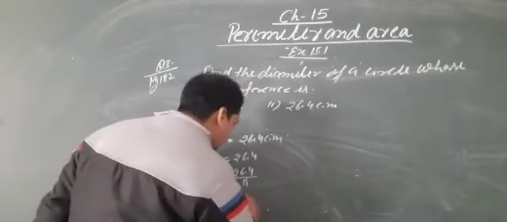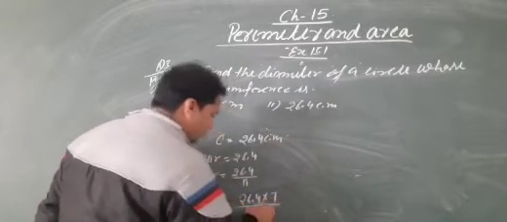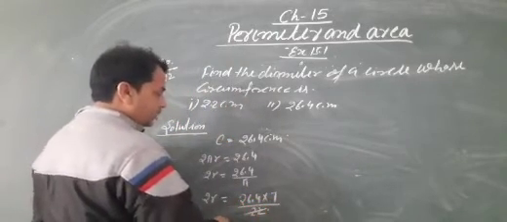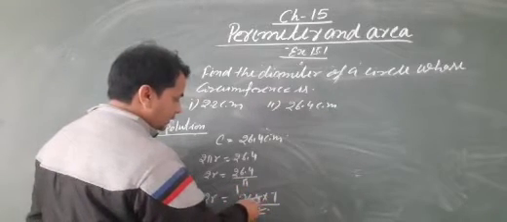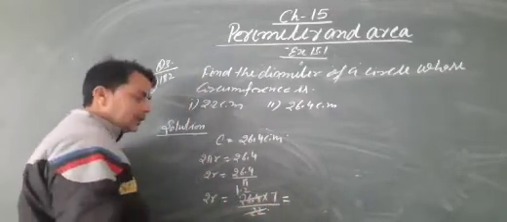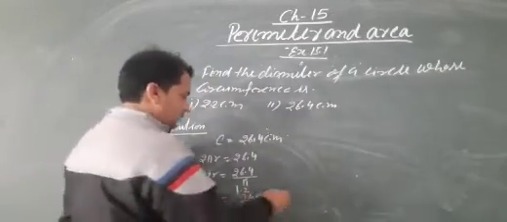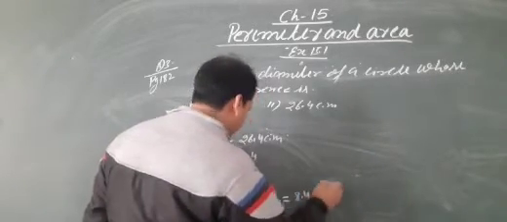Then 26.4 into 7 by 22. Then 26.4 divided by 22 is 1.2. Then 1.2 multiplied by 7 is 8.4 centimeter.